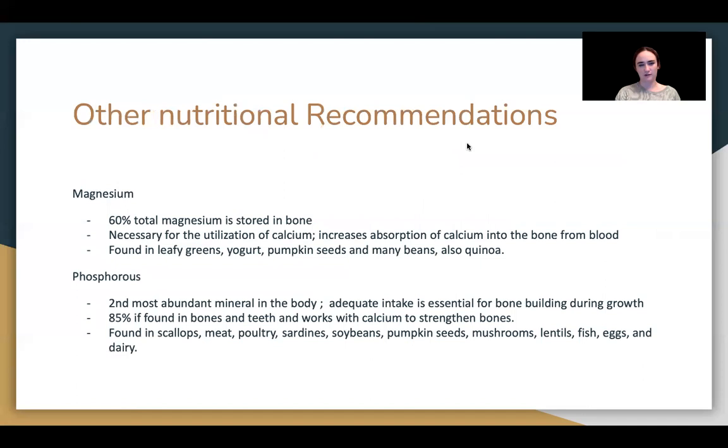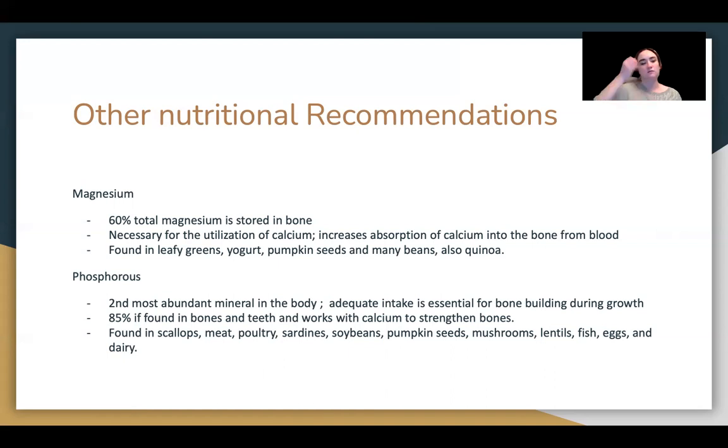Other nutritional recommendations, magnesium. 60% of total magnesium is stored in bone, necessary for utilization of calcium, which then would increase absorption of calcium into the bone from the blood. Magnesium is found in leafy greens, yogurt, pumpkin seeds, and many beans, also quinoa.